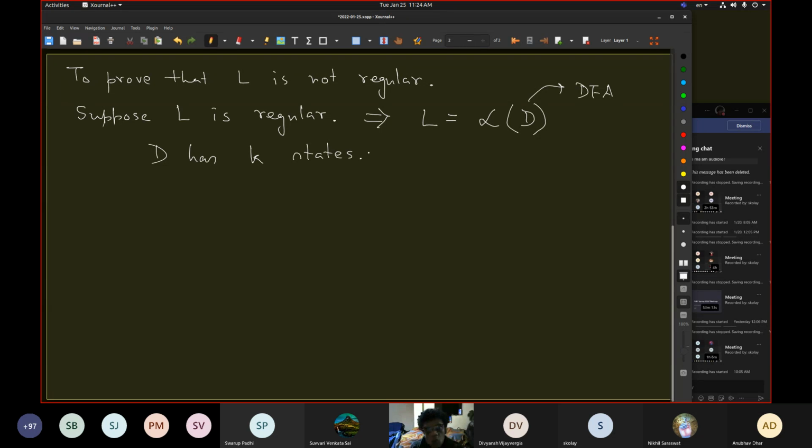For example, you take each element of that finite set, construct a DFA or NFA for that, and simply take all the DFAs together or NFAs together. That will give you an NFA. So finite languages are always regular. This is a side note.